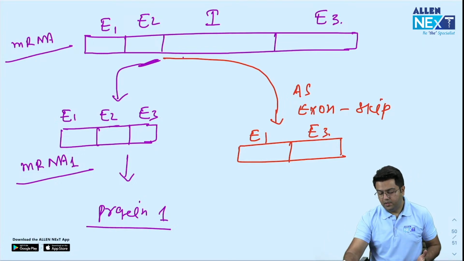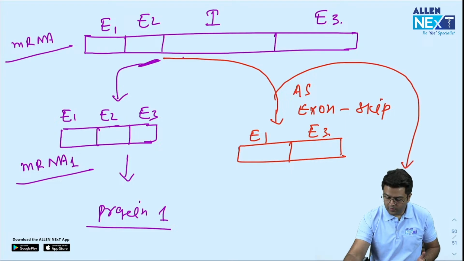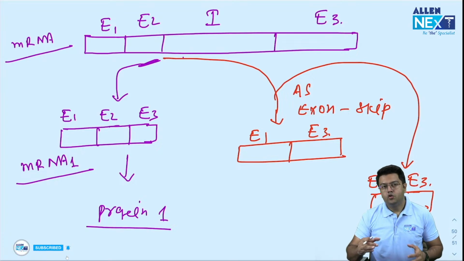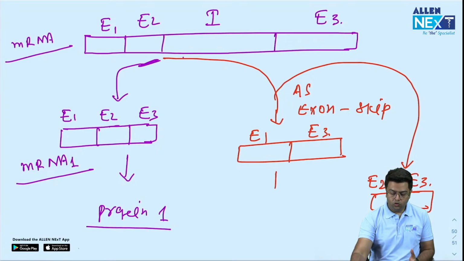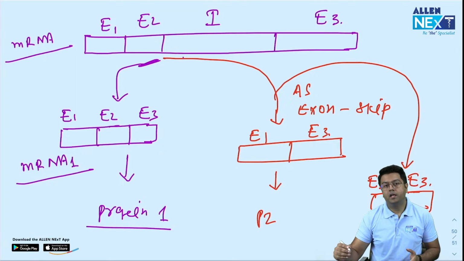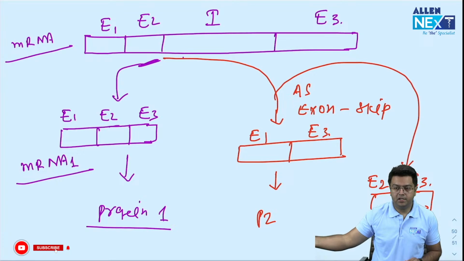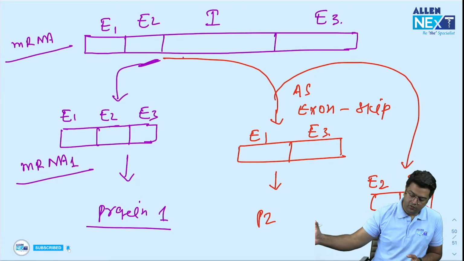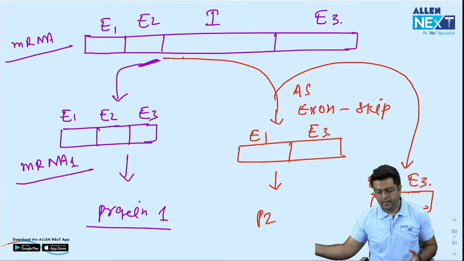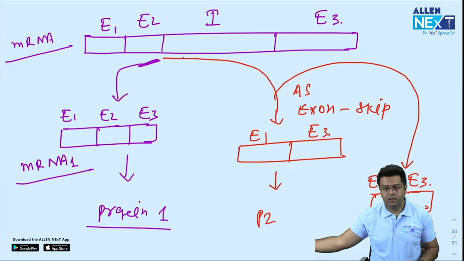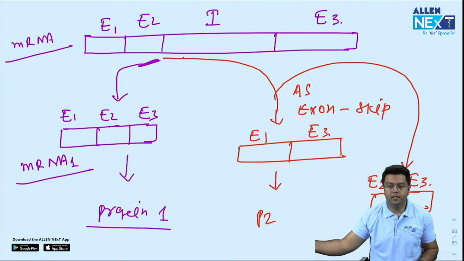Similarly, I can do one more thing: I can take two exons, E2 and E3. So guys, this way we can get two more proteins, protein number 2, and this will give me protein number 3. It was E2 and E3 I took only, so that will be protein number 3.